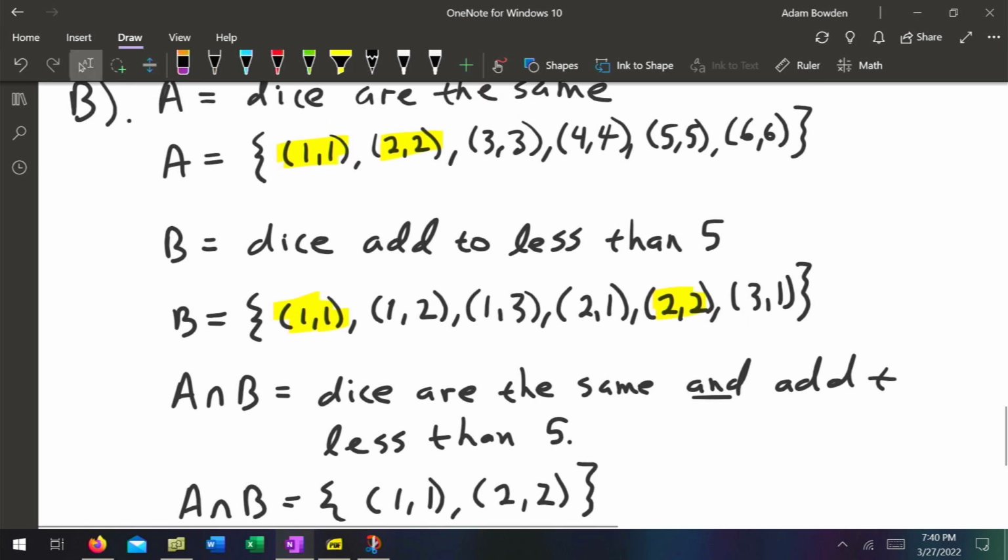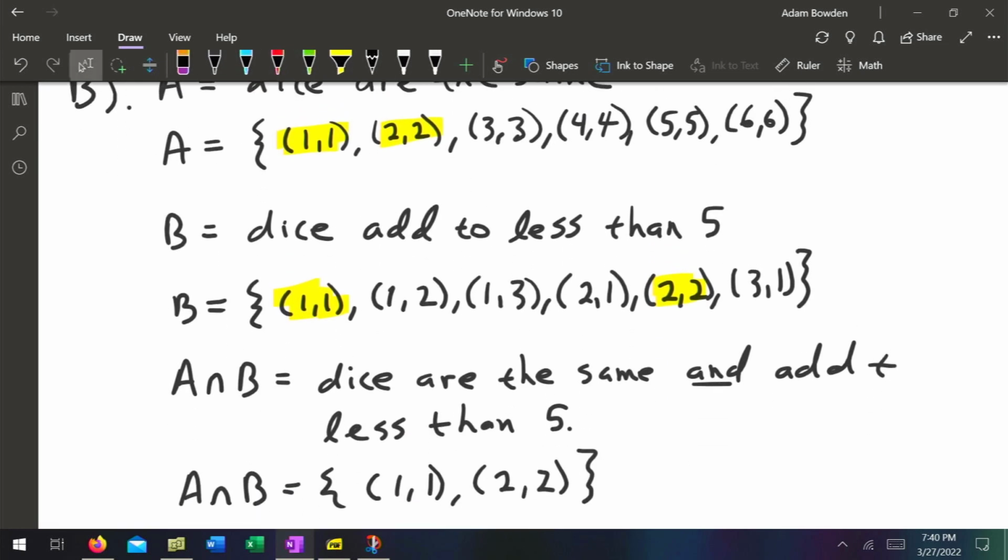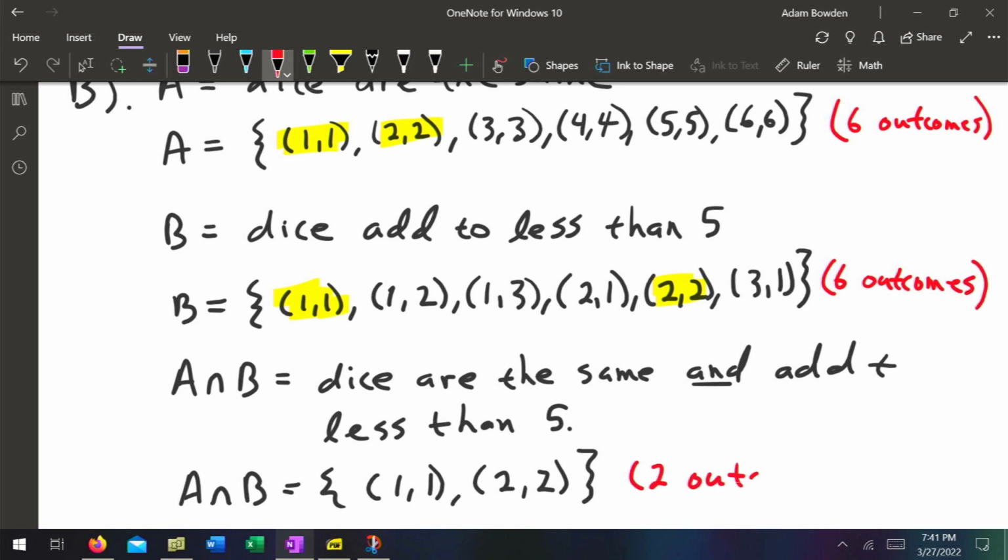So let's write down up here just so that we have for our probability calculation. There are a total up here of 6 outcomes for A and a total of 6 outcomes for B. And there's a total of 2 outcomes that they share in common for their intersection.